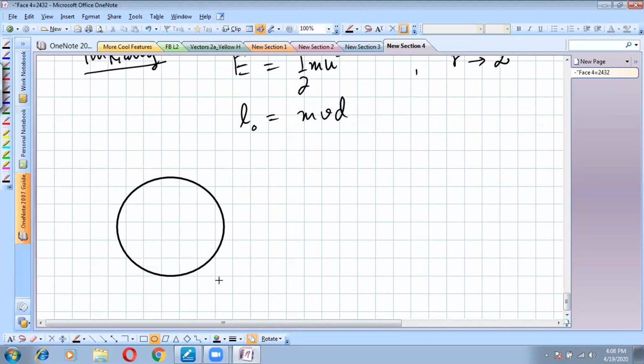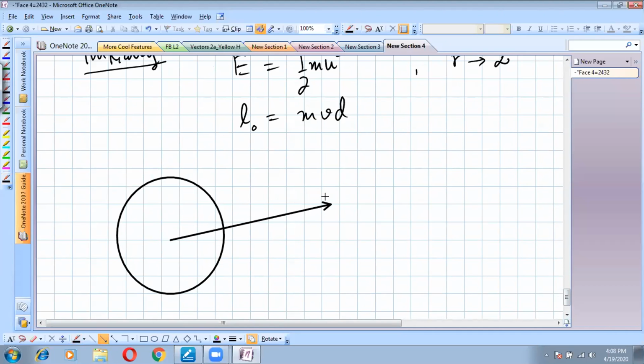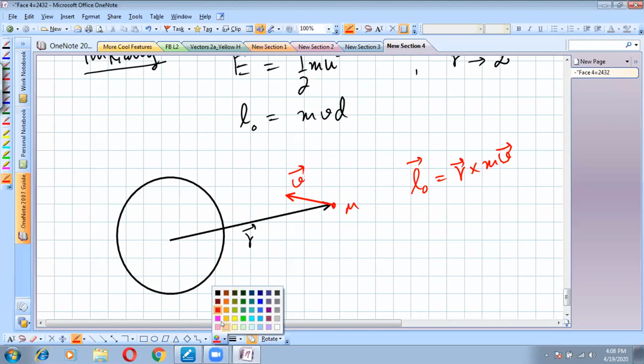So it's basically like this: if the position of the particle is here, but the velocity of the particle is, let's say, like this, then your angular momentum about the origin is r cross mv, the origin being this point over here.